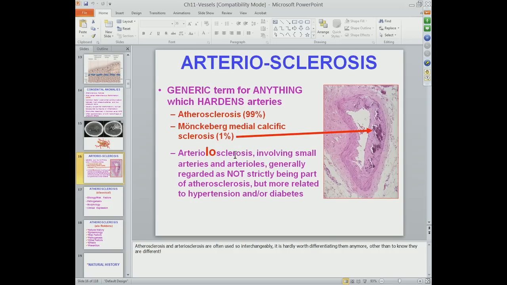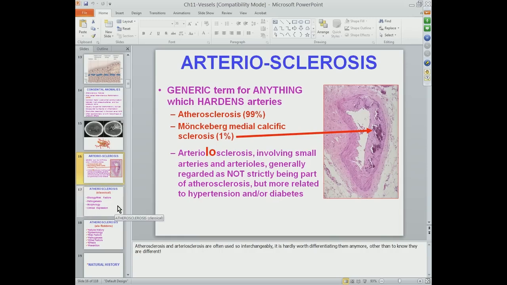In reality, when you hear the word arteriolosclerosis, they're almost always talking about the kidneys, and especially kidneys in which hypertension has been present, or this condition actually causing hypertension because of renal ischemia, so both as a cause and effect, and of course in diabetes as well.